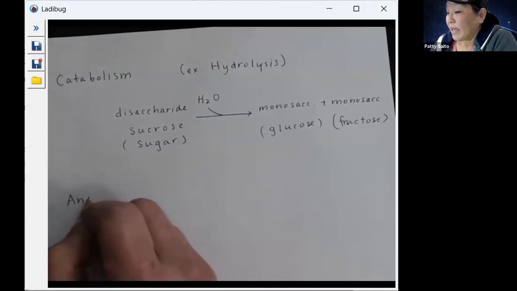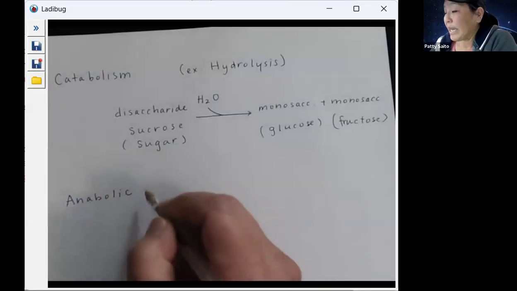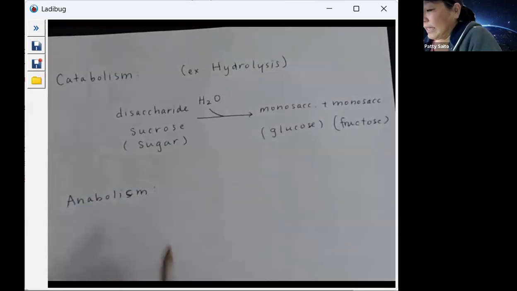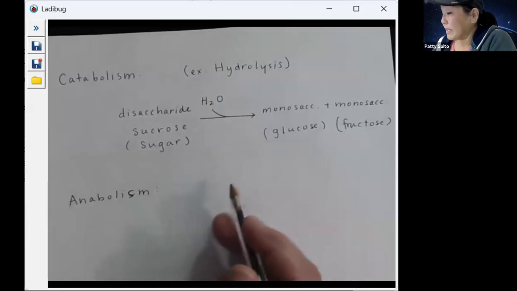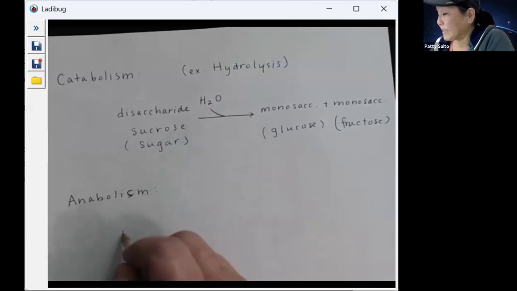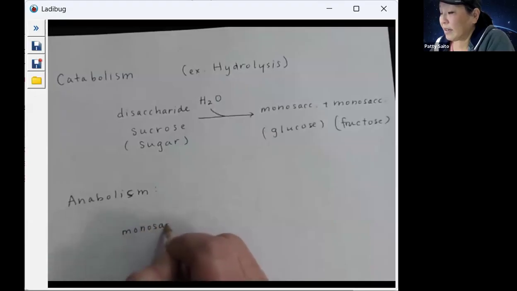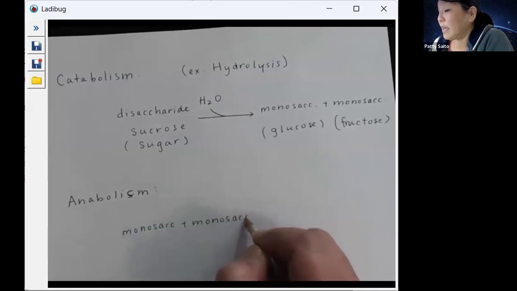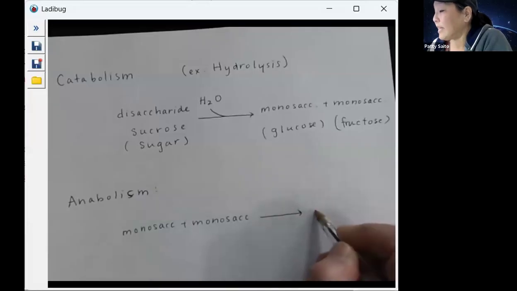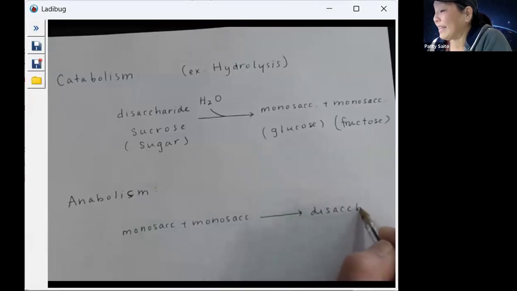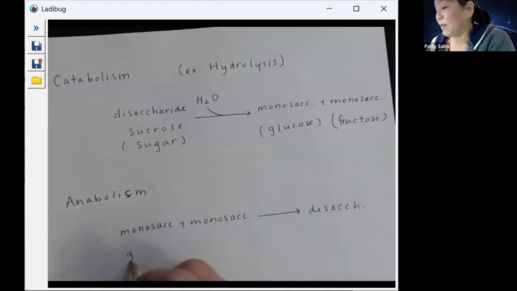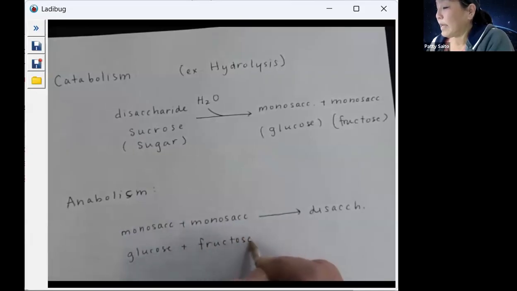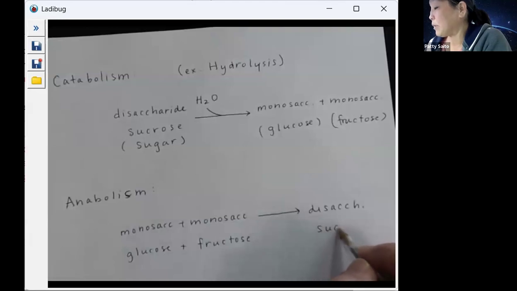What would be an anabolic reaction, or anabolism? Maintaining the same example, it's kind of the opposite. It can go the other way, where we take monosaccharides and small molecules and build a larger disaccharide. Here we have our glucose and our fructose, and then we can form sucrose, table sugar.